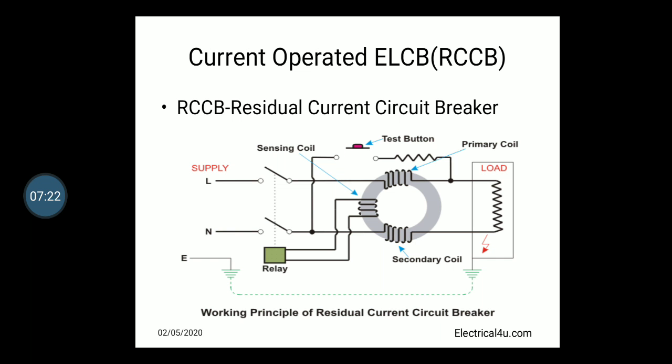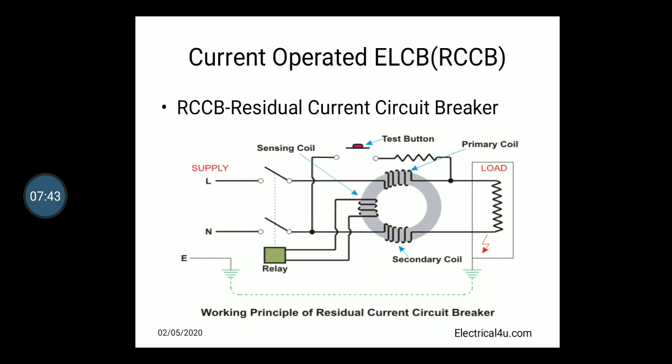The sensing coil is also called the trip coil or relay coil, which is provided to sense the leakage current in the circuit breaker. So there are 3 coils in this circuit breaker which are wound on the magnetic core.